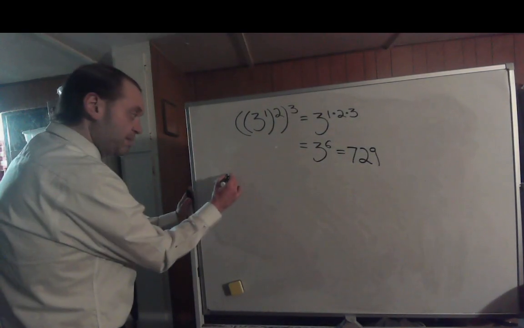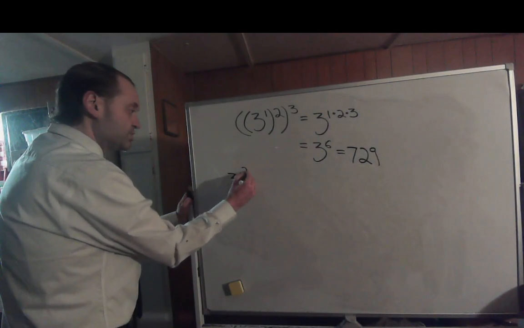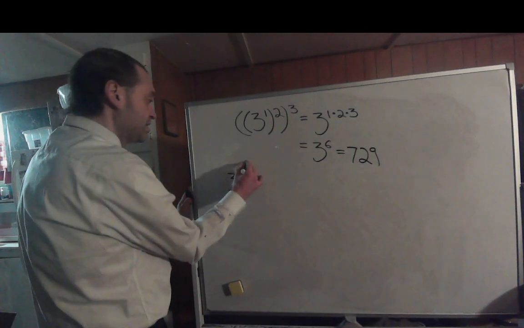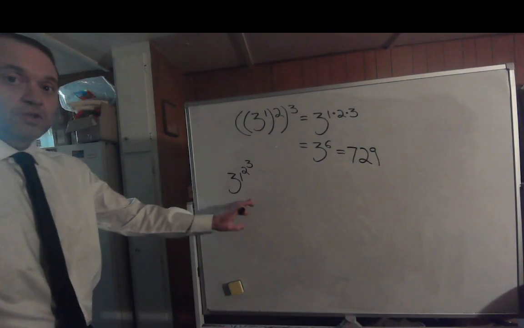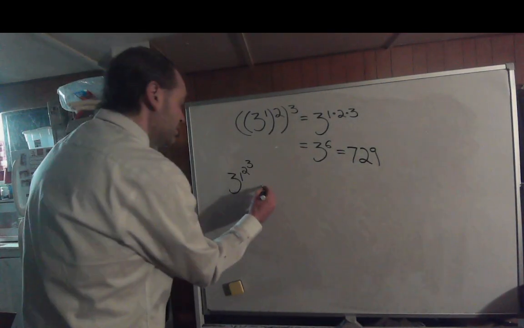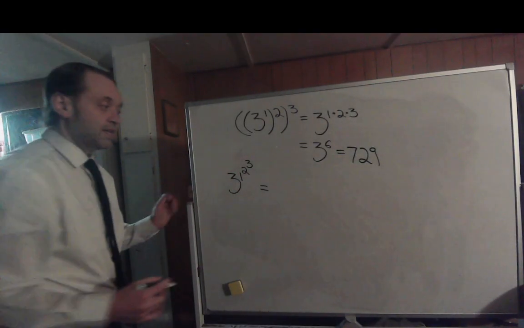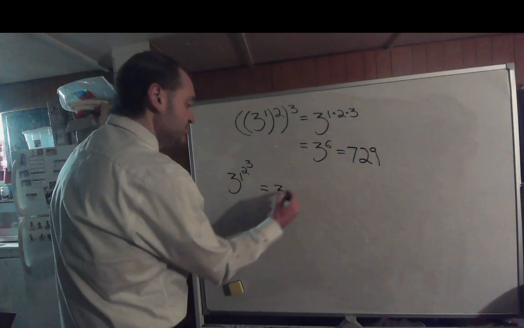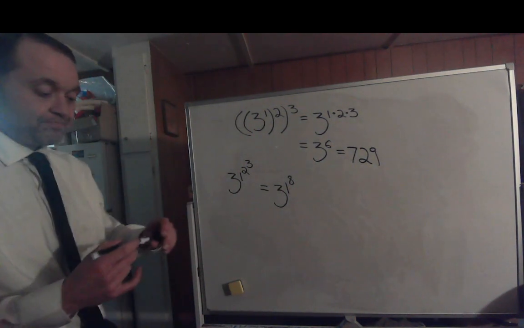Now let's do this in a power tower. You have 3 to the first. That first power is raised to the second power. That second power is raised to the third power. So we have a power tower. There's no parentheses. Well, start with your outermost powers. What is 2 to the third? That's 8, right? So this would be 3 to the first, that first raised to the 8th power.